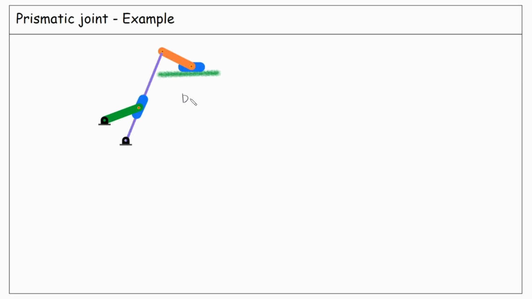The degrees of freedom is 3 times the number of bodies minus 2 times J1. We have 1, 2, 3, 4, 5 bodies. So 5. And 1, 2, 3, 4, 5 revolute joints. And 2 sliders here and here.